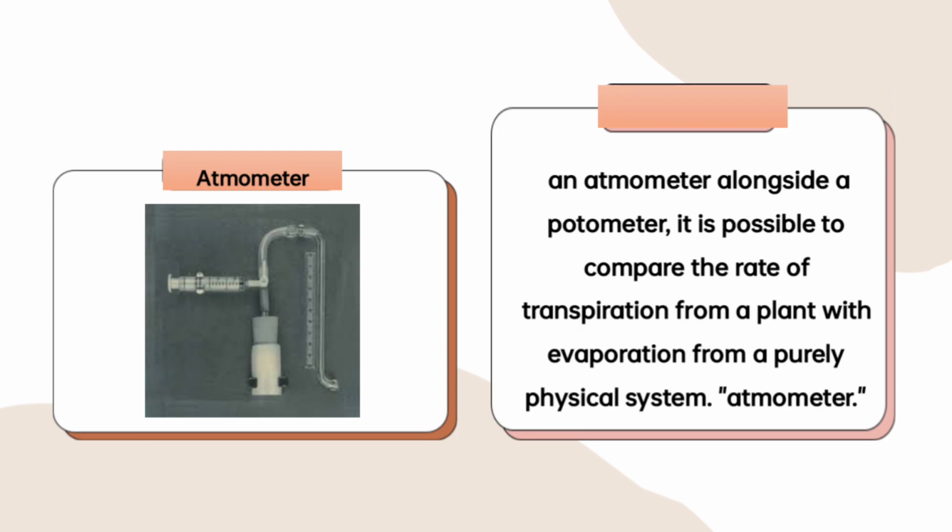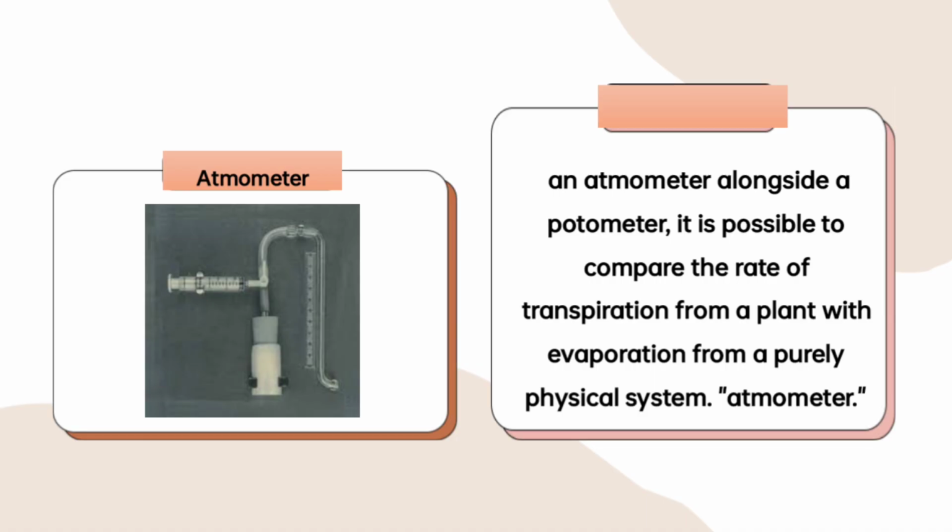With an atmometer alongside a photometer, it is possible to compare the rate of transpiration from a plant with evaporation from a purely physical system.